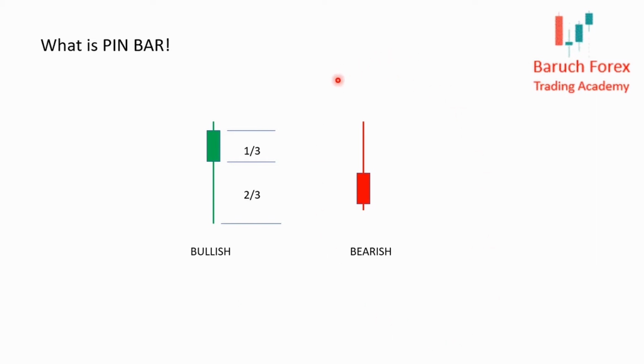A bearish pin bar is like this: this is open, close. When you open at a higher price and close at a lower price, the market is going down, and this is the wick. So this is the highest price, and this is the lowest price. If you buy here, when the market opens at this price, you buy.